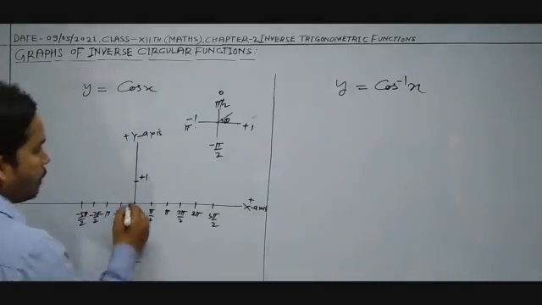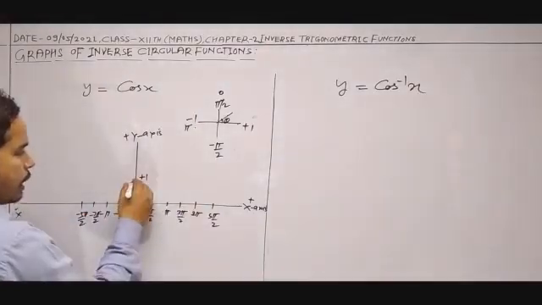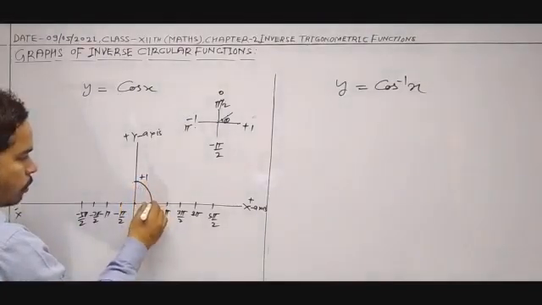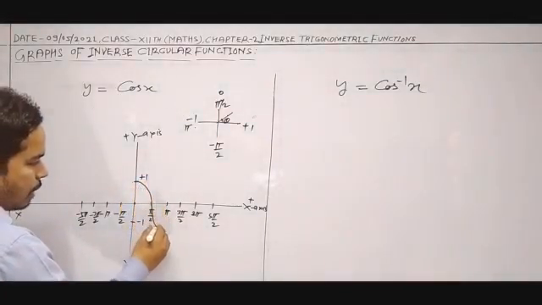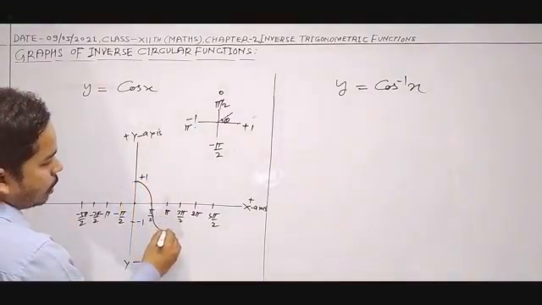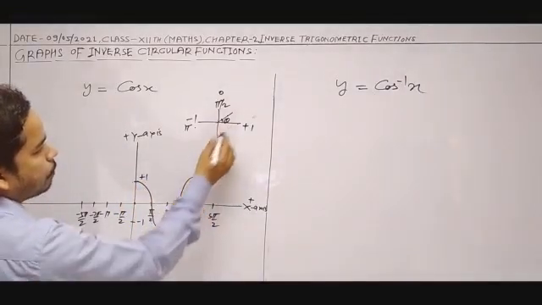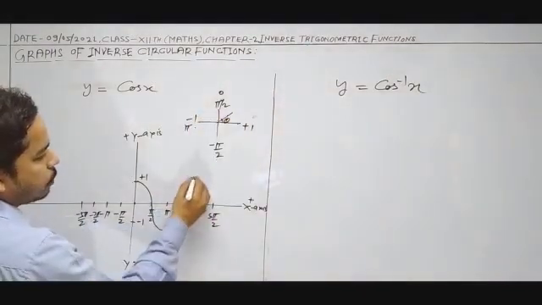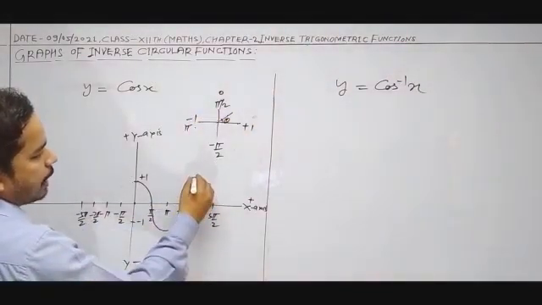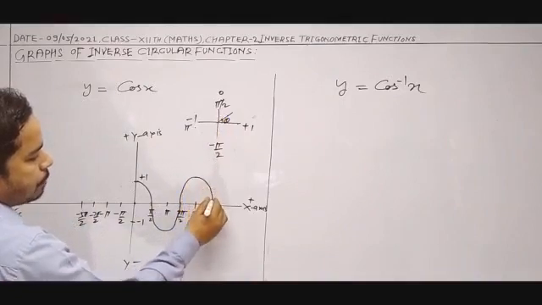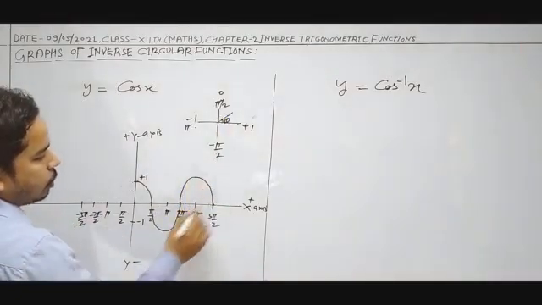And when you will draw the graph, cos 0 degree value 1 and cos pi/2 value 0. So cos pi value -1 and cos 3 pi/2 value 0. So 2 pi value goes to +1, and 5 pi/2, multiple of pi by 2, that is 0.